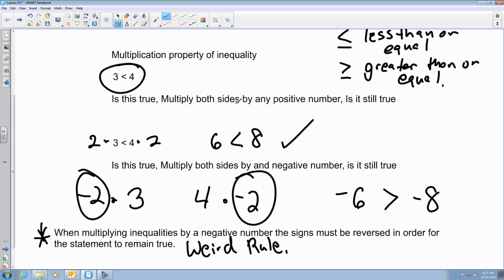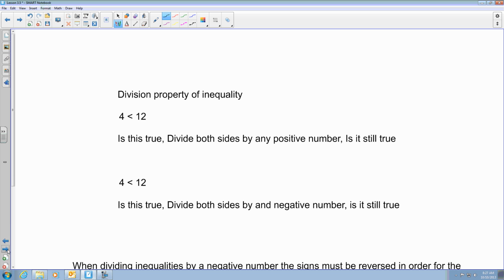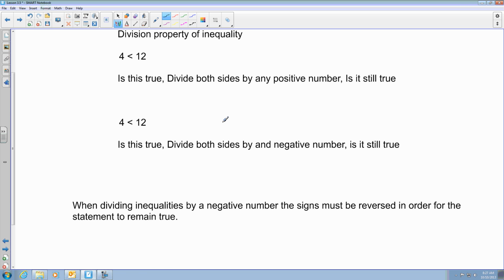Okay? Now, you must be thinking, if it works for multiplication, does it work for division? Yes, it does. So when you're dividing an inequality, same thing goes. If you're dividing an inequality by a negative number, the signs must change in order for the statement to be true. So if I were to divide both sides here by 4, which is a positive number, I'd have 1 is less than 3, still a true statement.